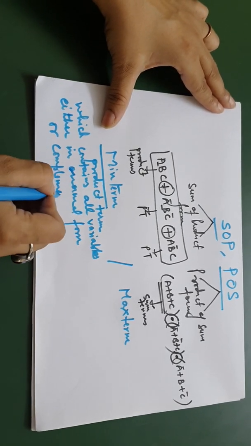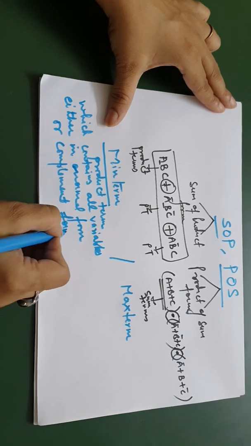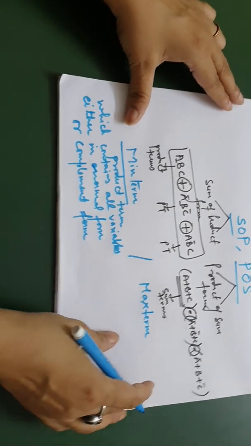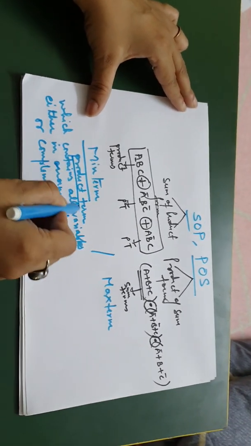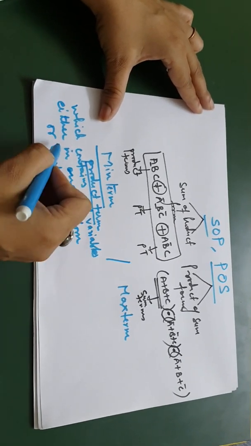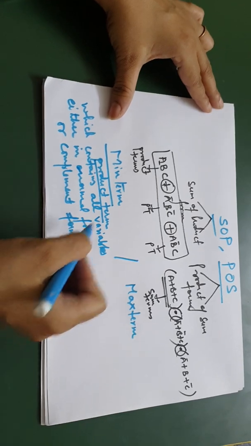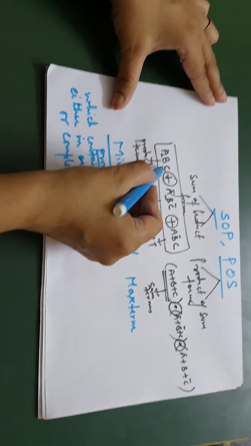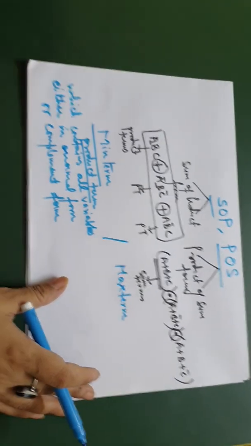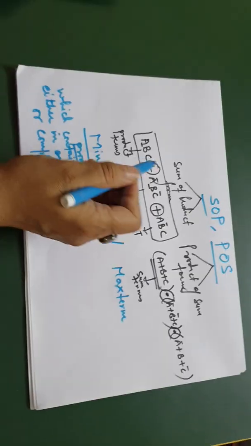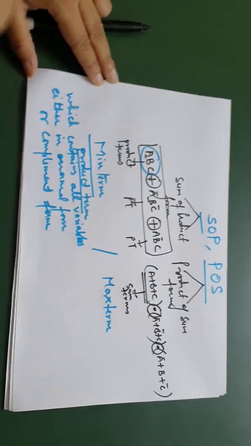I hope you must be knowing the normal form and the complement form. I'll just tell you this also. So the product term which contains all variables either in normal form or complement form is my product term, and whenever we represent any product term like this, it becomes my min term.